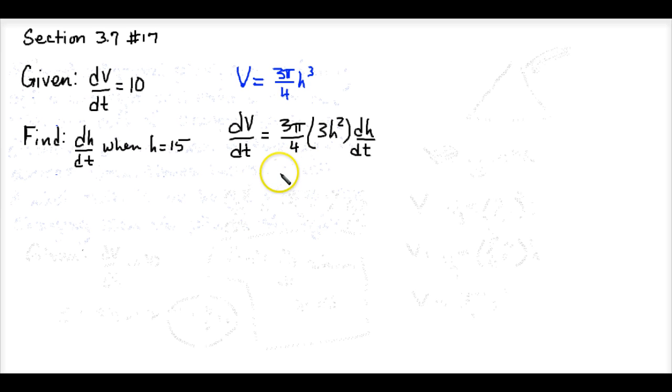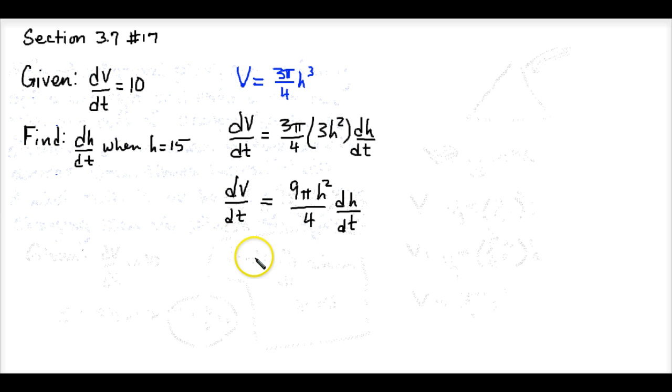Okay, so let's simplify the right side. dV over dt is equal to 9 pi h squared over 4 times dh over dt.